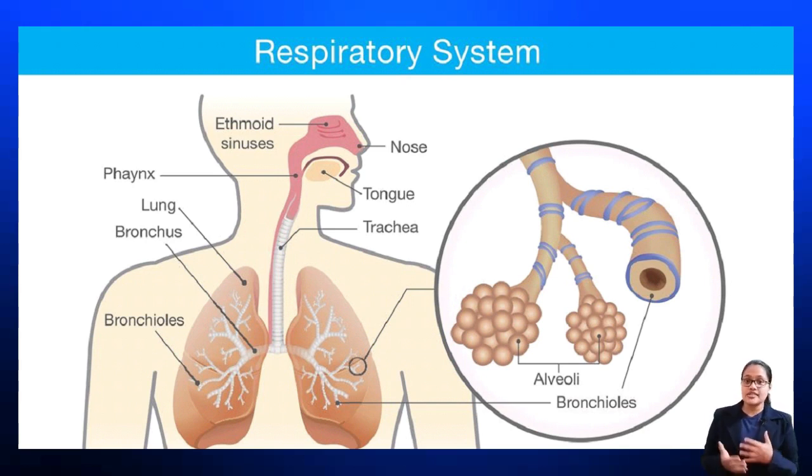Our lungs are present inside the rib cage, and in the lungs, the passage divides into fine tube-like structures called bronchi and bronchioles. These bronchioles have balloon-like structures towards the end, called alveoli.